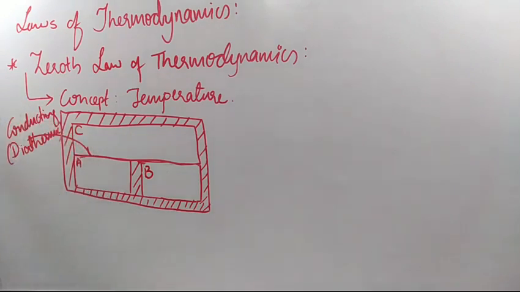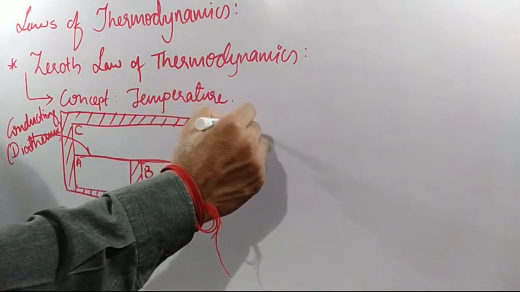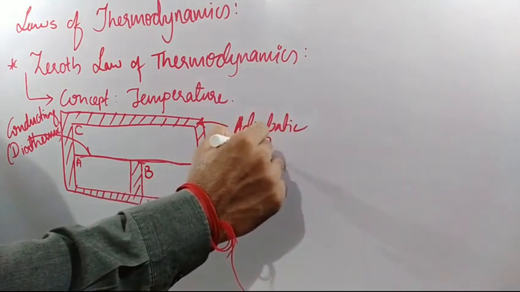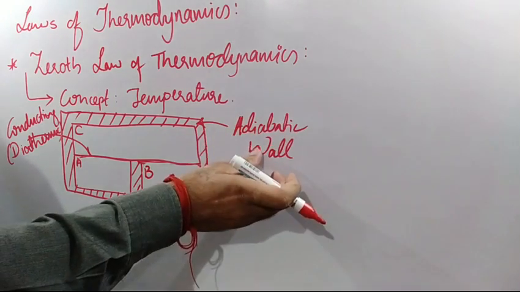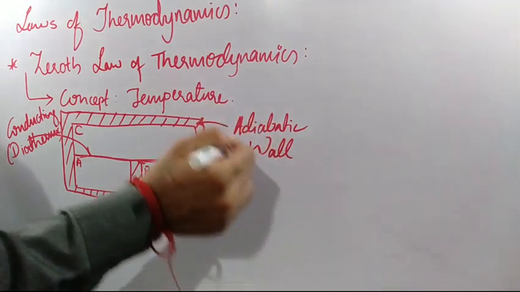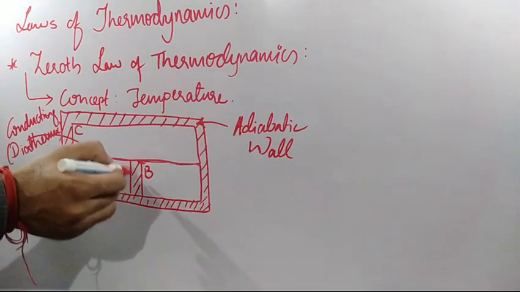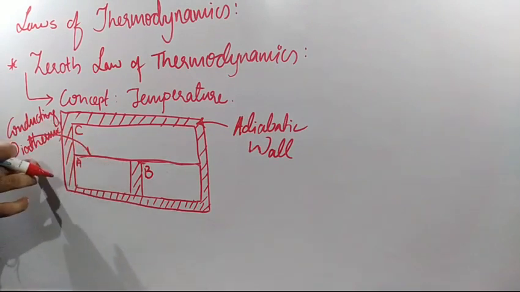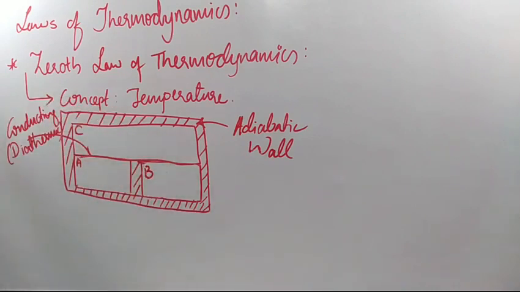And these others are adiabatic walls. So between system A and system B there is an adiabatic wall, between A and C a conducting wall, that is a diathermic wall, and between B and C again a conducting, diathermic wall. Listen.